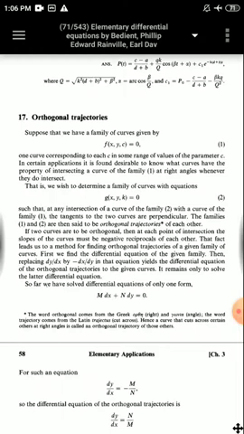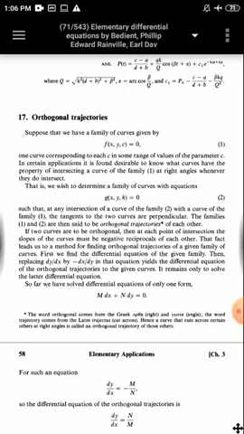That is, we wish to determine a family of curves with equation g(x, y, k) = 0, the second equation, such that at any intersection of a curve of family 2 with a curve of the family 1, the tangents to the two curves are perpendicular.